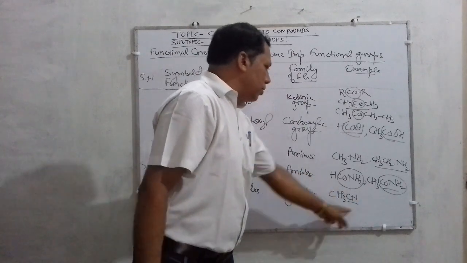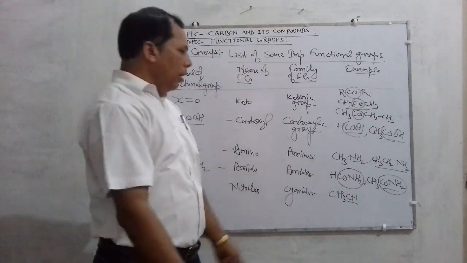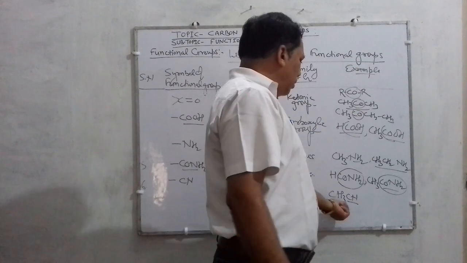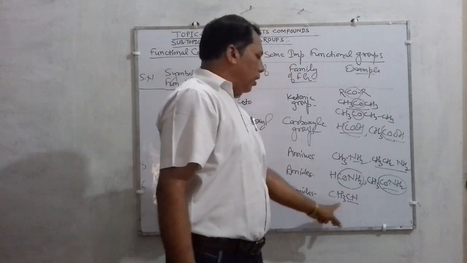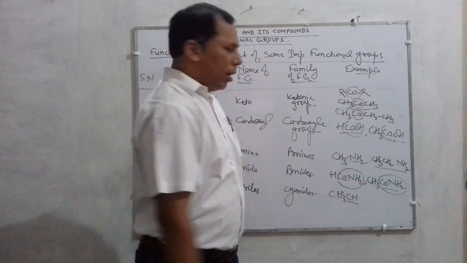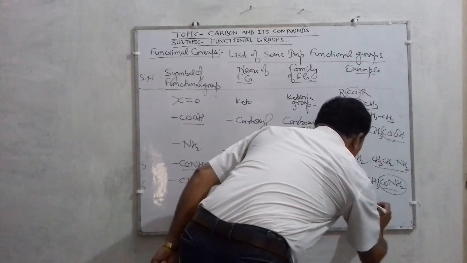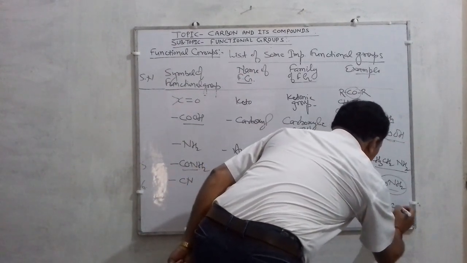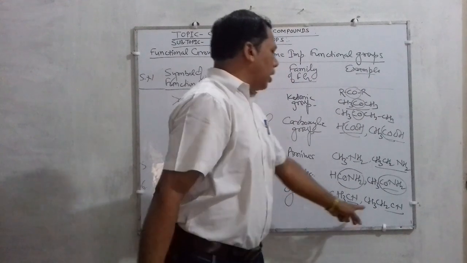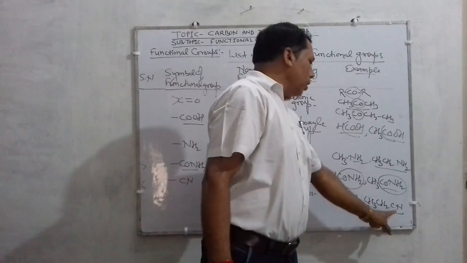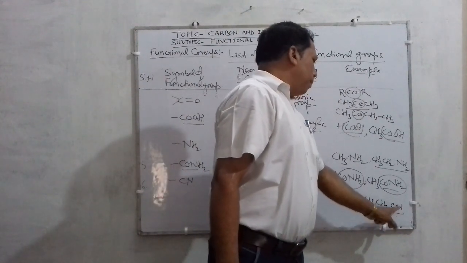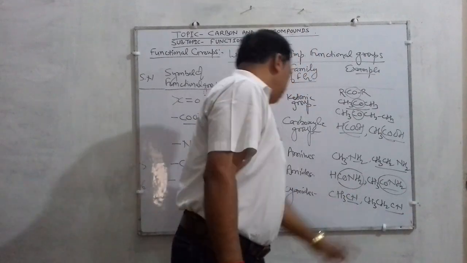IUPAC name of this CH3CN that we will study later will be ethane nitrile or methyl cyanide. Other example CH3CH2CN is what? Ethyl cyanide, or that is propane nitrile is the name.